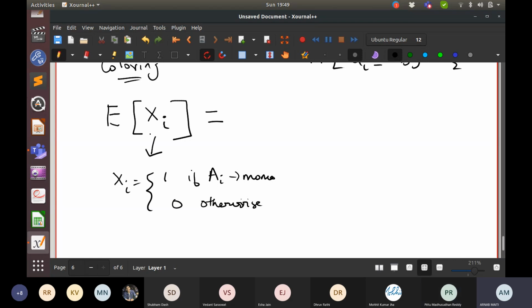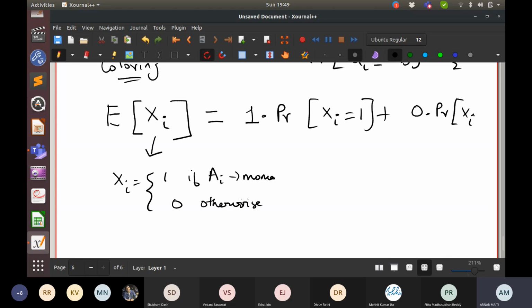Since it's taking two values, it will be 1 times the probability that xi is equal to 1, plus 0 times the probability that xi is equal to 0. Since 0 times something is 0, we'll ignore this, and 1 times the probability is just the probability of xi equal to 1.